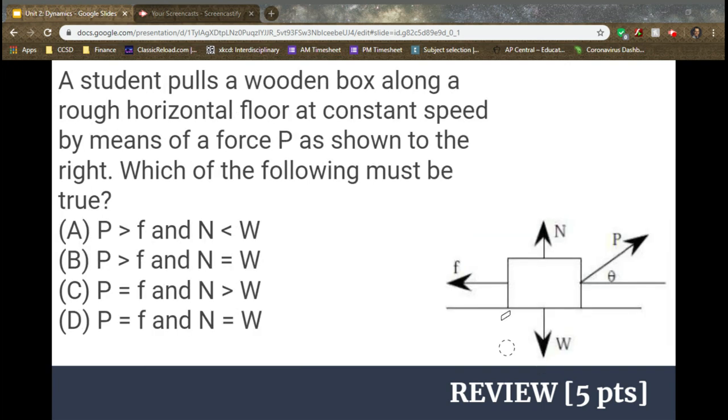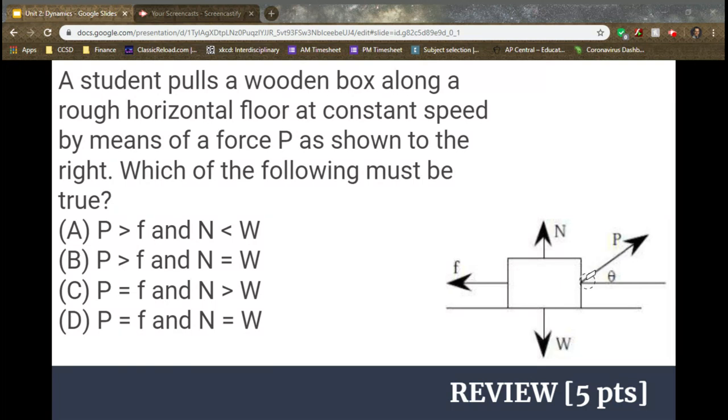A student pulls a wooden box along a rough horizontal floor at constant speed with a force P. Force P is being pulled on this box right now at this angle. Which of the following is true? A, this applied force is greater than friction and your normal force is greater than the weight of the object? Or B, this applied force is greater than friction, but the normal force is equal to your weight?